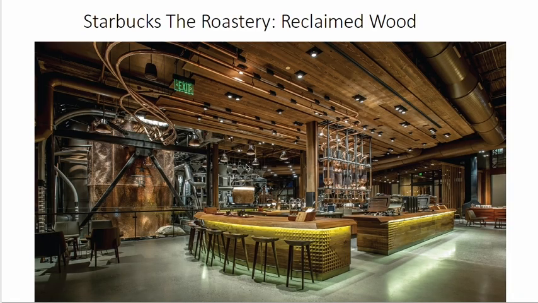For example, Starbucks Roastery, located near the Chelsea Market area, uses reclaimed wood to make the store feel very cozy, and the coffee beans came from those countryside areas, and you can almost smell the coffee in this store setting.